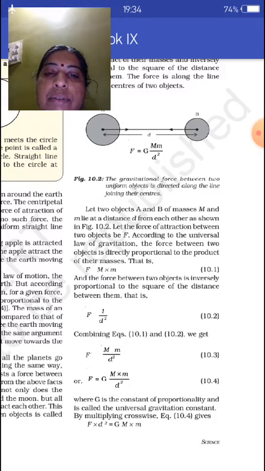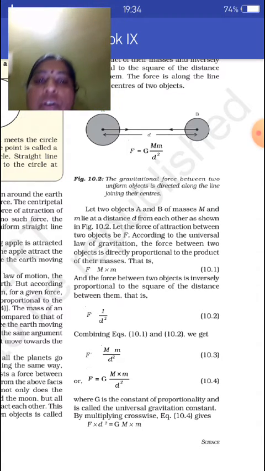Let two objects A and B of masses capital M and small m lie at a distance d from each other as shown in figure 10.2.